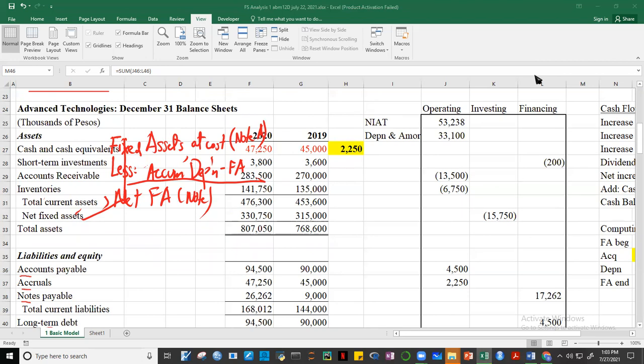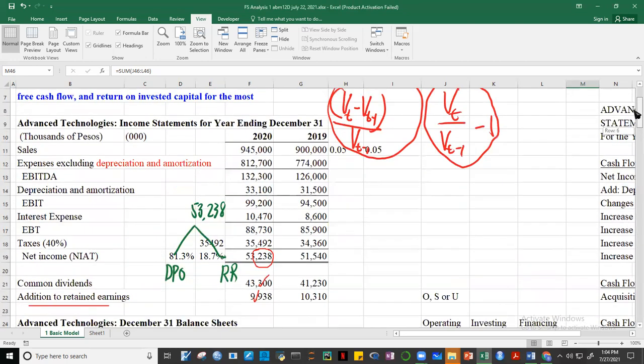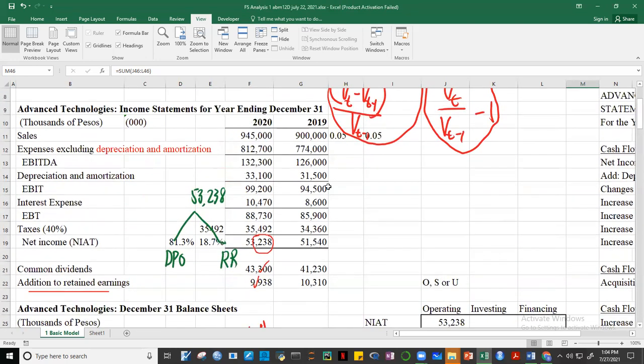Okay, may nag-chat. Let's see. Thank you, Marion, cash and cash equivalents. Pero however, wala sa income statement si cash and cash equivalents. Cash and cash equivalents is a balance sheet account.